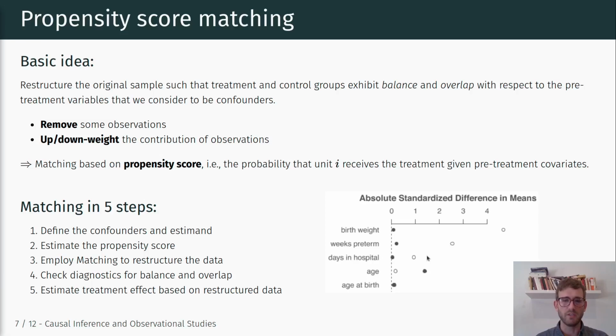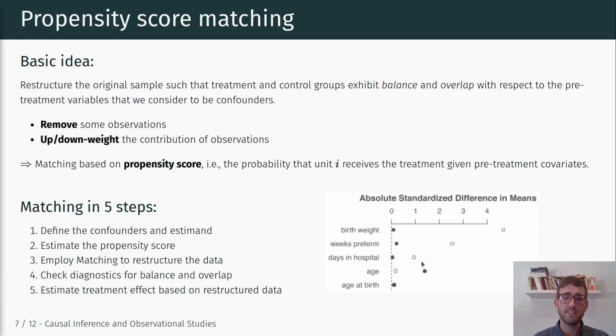This is about children. There was a program to support early birth infants, I believe. After matching, these are now the darker dots here, and we see that there's almost no difference in these pre-treatment confounders with regard to many of those covariates.